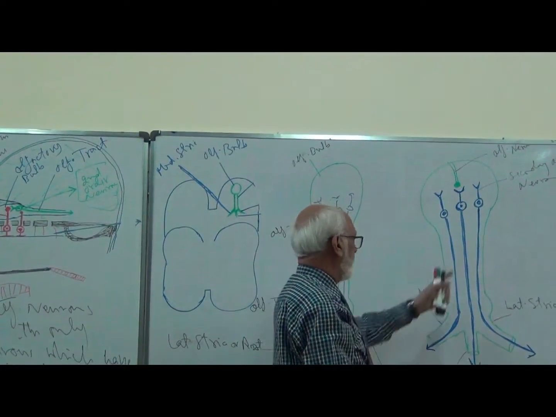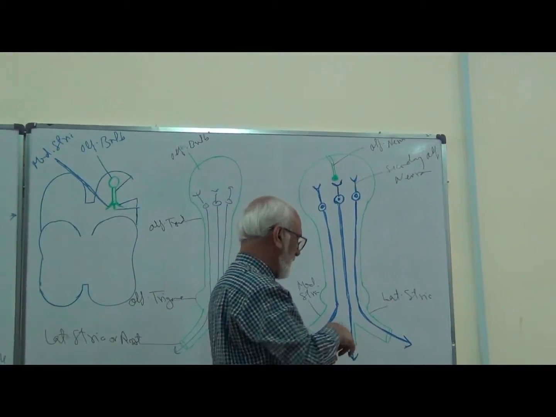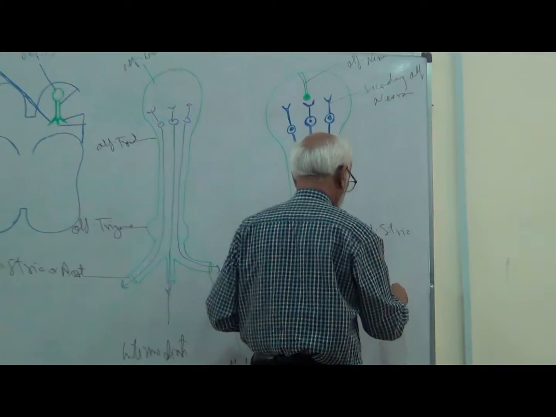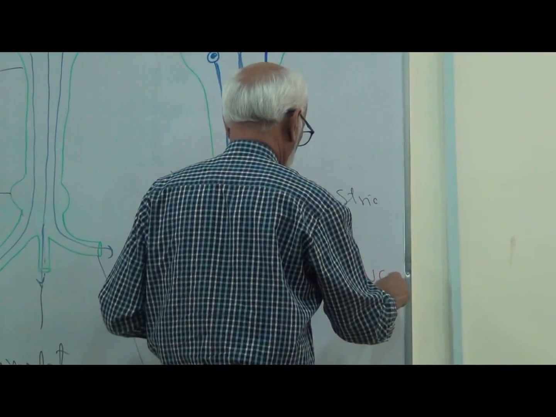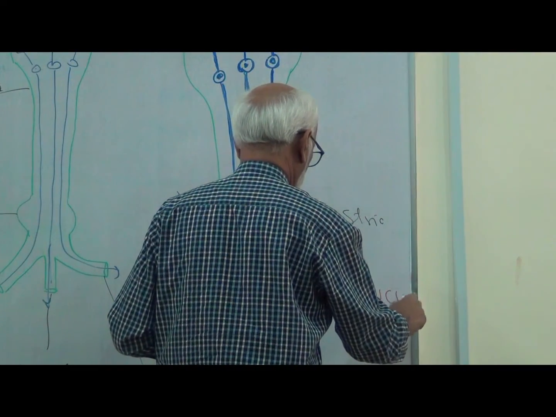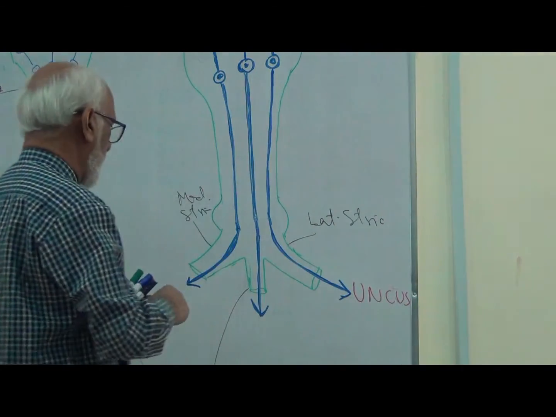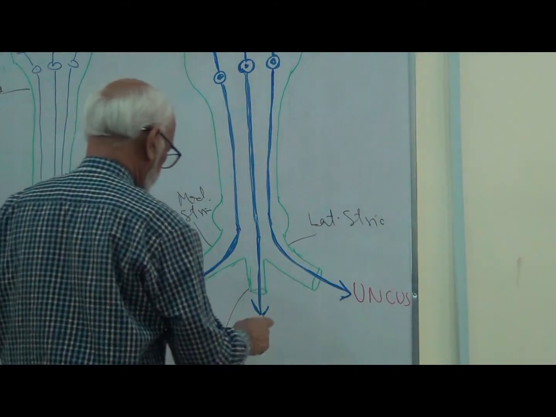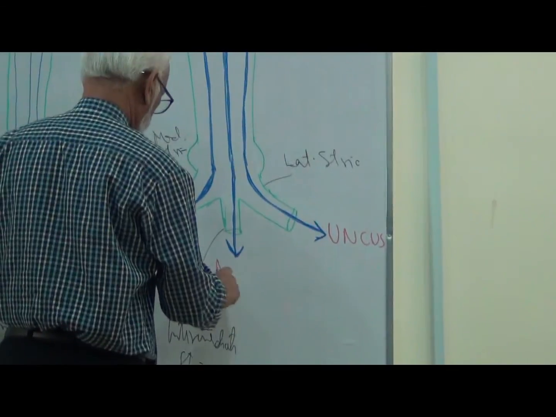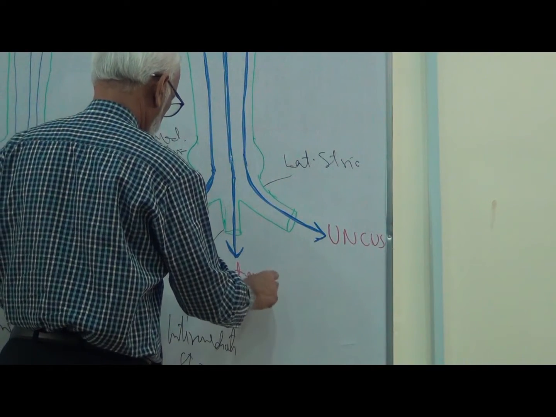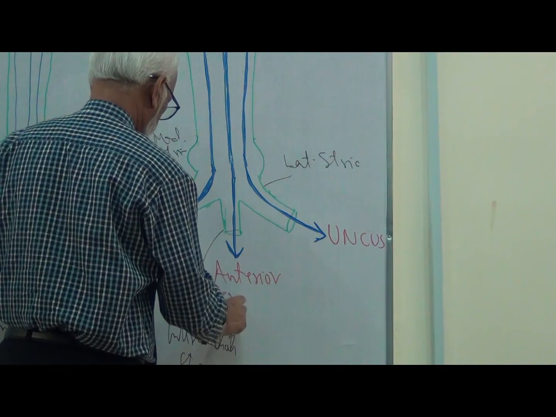Now, fibers of the lateral stria relay in the uncus. Fibers of the intermediate stria relay in the anterior perforated substance.